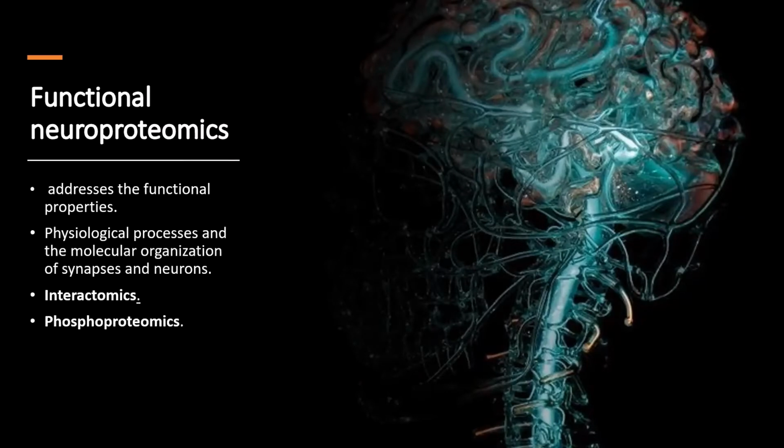New methods have been arising through the study of the molecular organization of synapses and neurons as specialized multi-protein machines, and networks of physiological processes can be studied under this field. It also can be targeted for diseases.